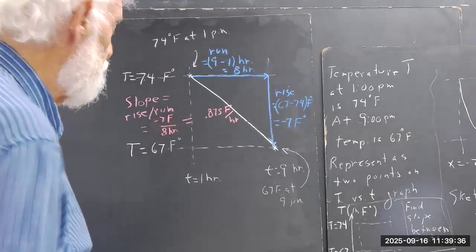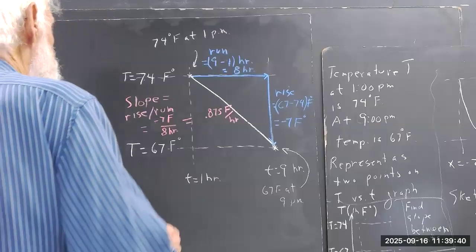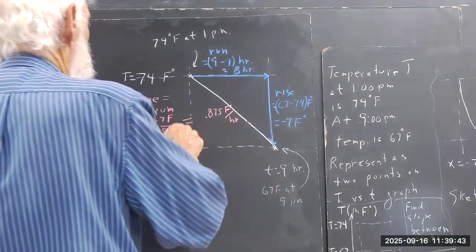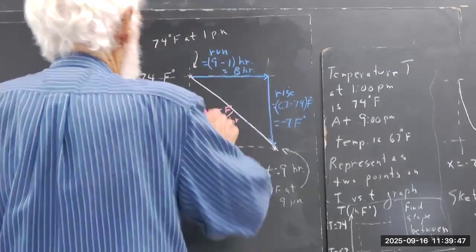Seven over 8 is 0.875. And it's Fahrenheit over hours, which we read as Fahrenheit per hour.